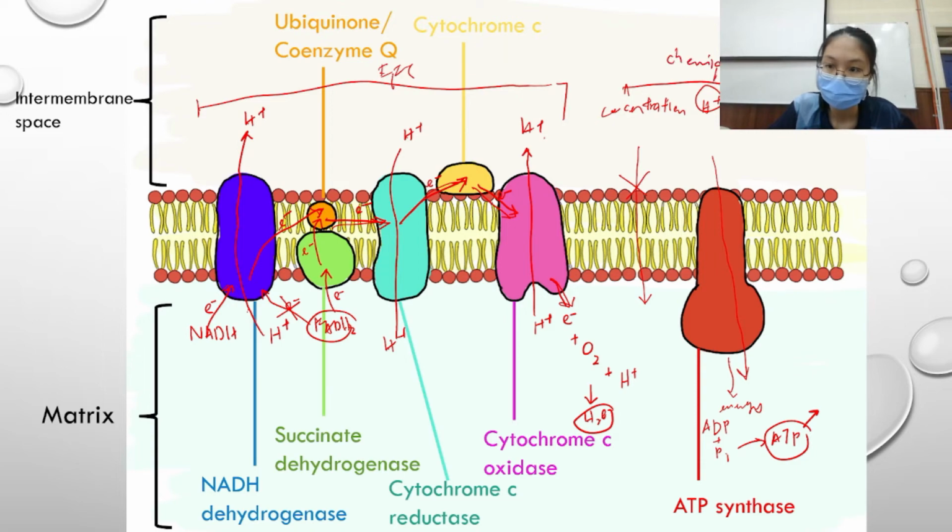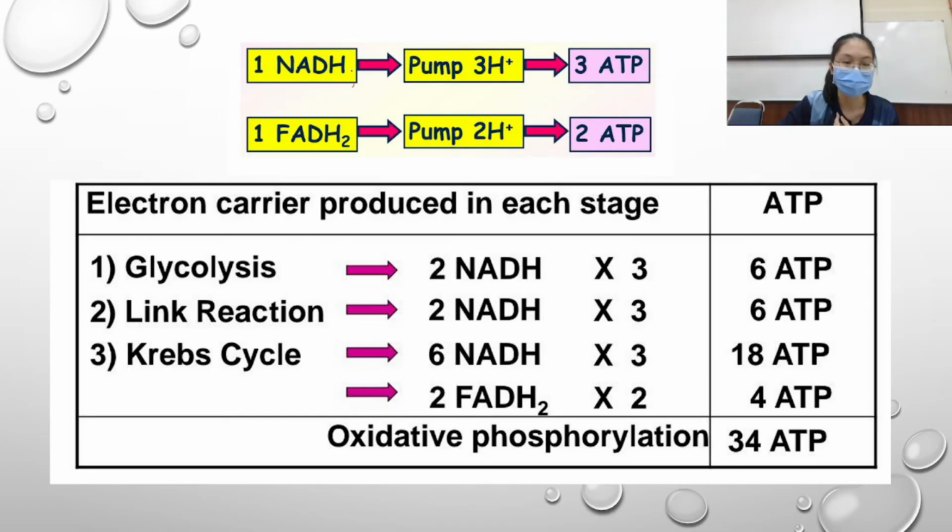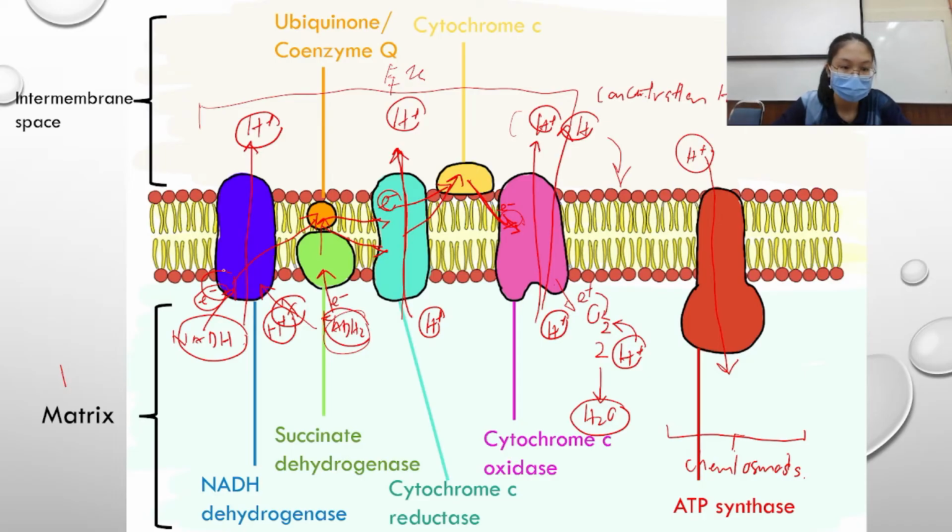chemiosmosis. One NADH can pump 3 H plus, but one FADH2 can only pump 2 H plus. Do you remember that before this? Because the FADH2 is more electronegative than NADH dehydrogenase, so the FADH2 will pass to succinate dehydrogenase. But succinate dehydrogenase does not pump H plus from the matrix to the intermembrane space.